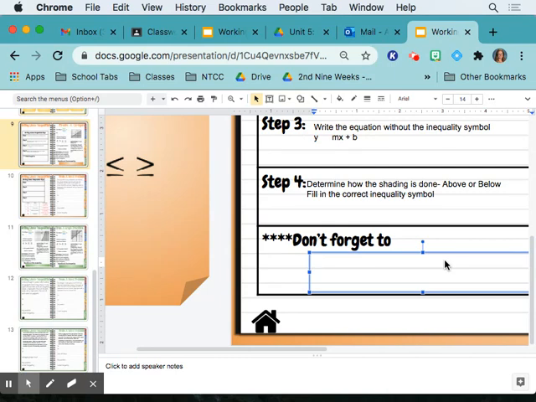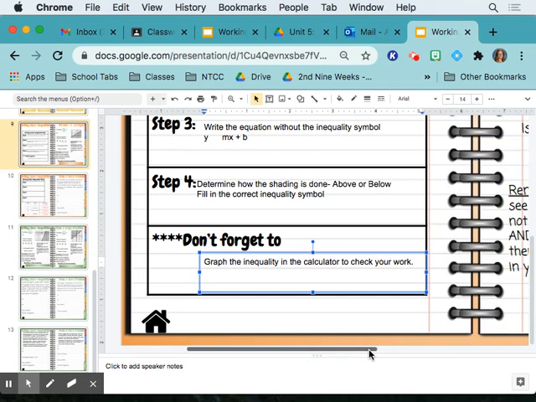Okay, don't forget to graph the inequality in the calculator to check your work. And I'm going to show you how to graph it using an inequality symbol.